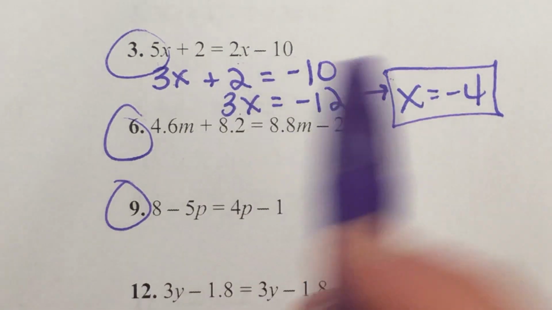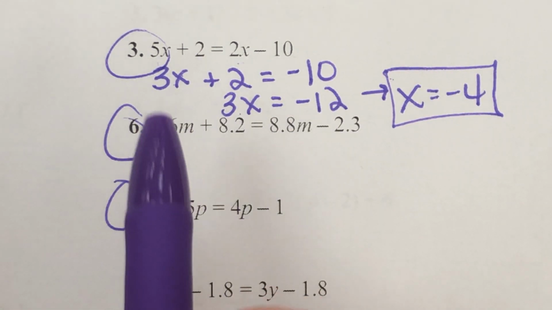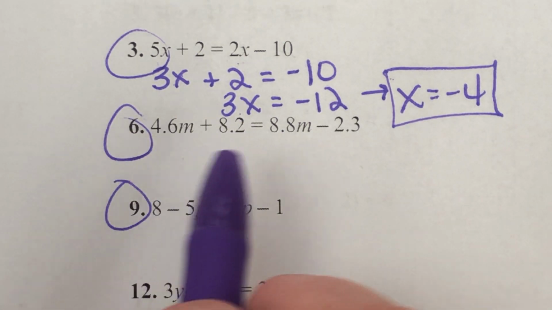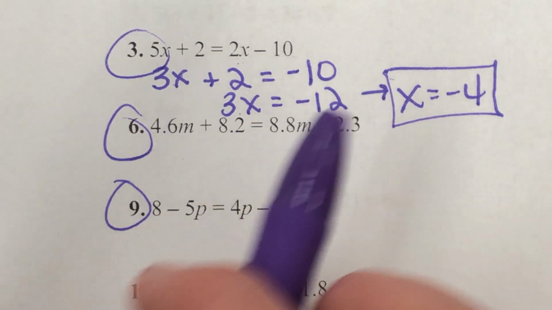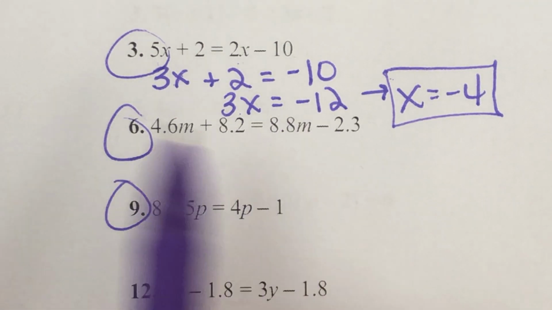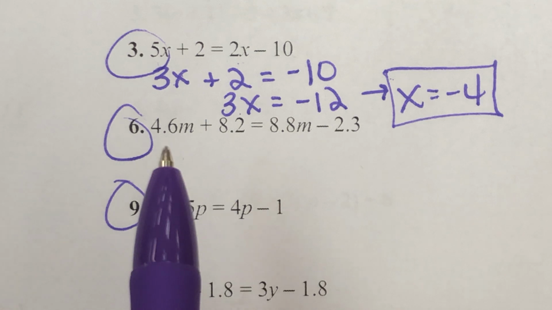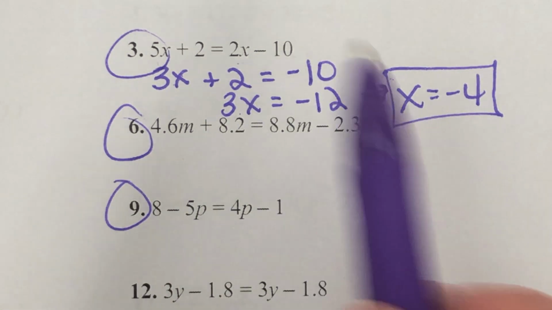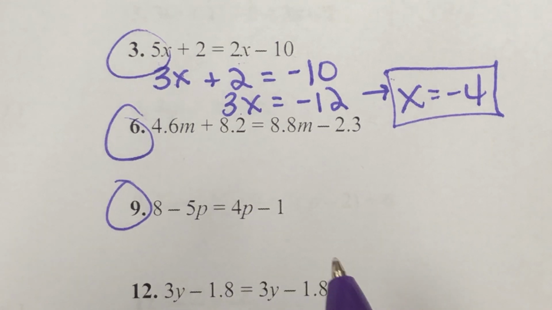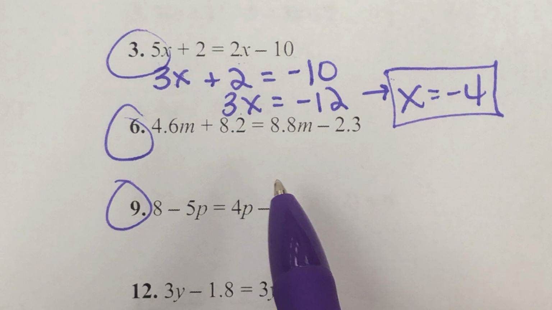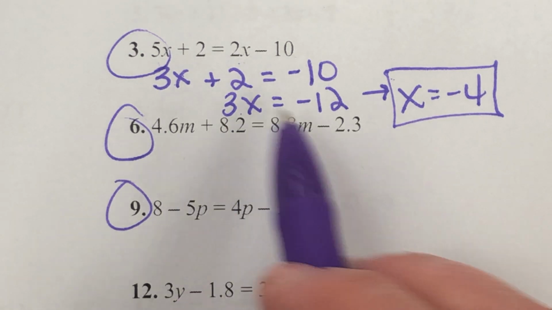So leave it in fraction form if it ends up being less than a whole number, but don't use decimals unless it's used in the math problem or unless the directions say round your answer to the nearest tenth or something. If it doesn't say anything about decimals and you end up getting an answer that's not a whole number, leave it in fraction form. If you have a problem with fractions in it, you need to leave the answer in fraction form. Okay, so that's my little rule of thumb.